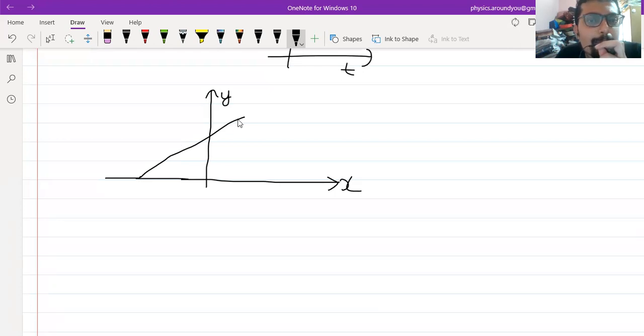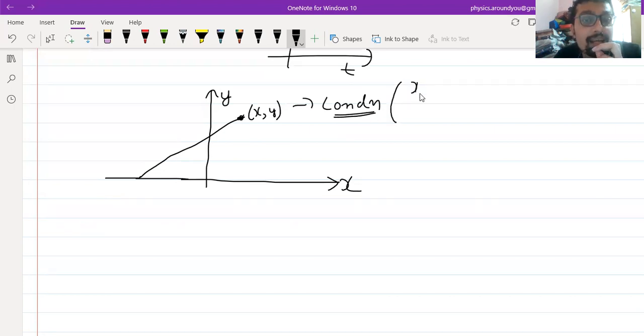I take any point lying on this line and mark it as x comma y. I need a condition which is satisfied by all the points lying on the line.